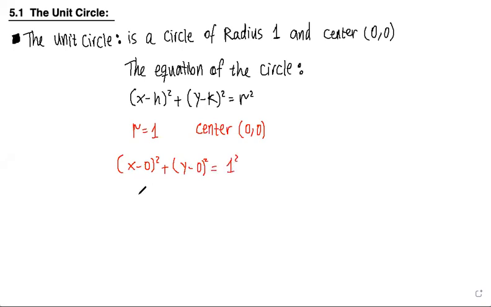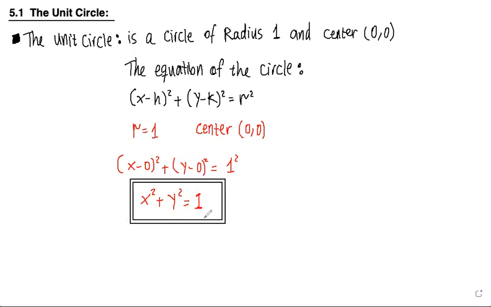So the equation of the unit circle is x squared plus y squared equals 1. Thank you, Angel. So this is the equation of my unit circle.